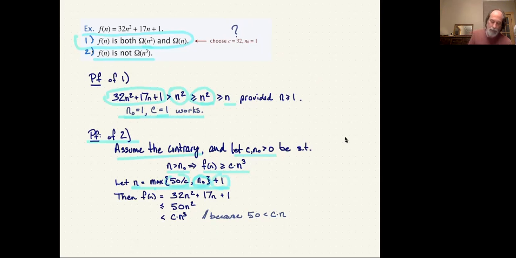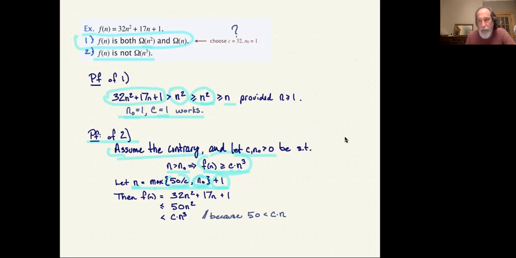And then I need to make it big enough that something goes wrong. The claim, which I'm disproving, is that f of n is always bigger than c times n cubed. So I need to pick an n large enough that this turns out to be false.